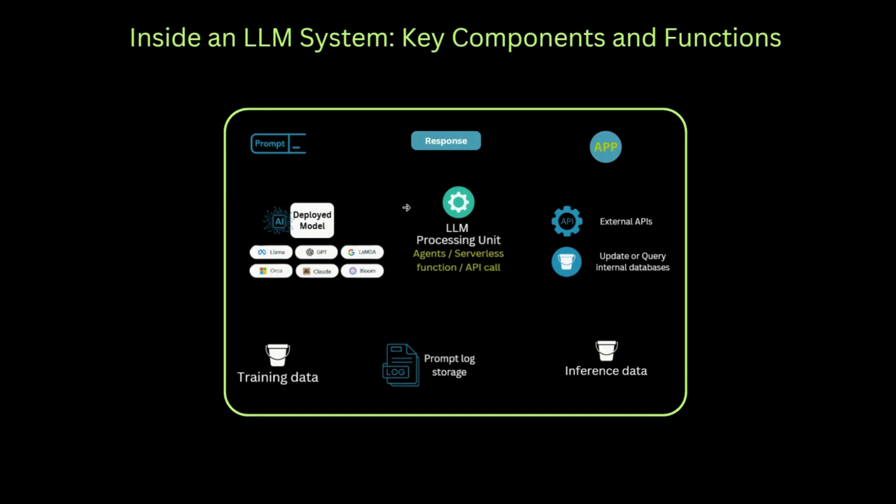However, an LLM system is far more complex and expansive compared to a traditional web server because it includes additional layers such as model training, inference data, and external APIs.